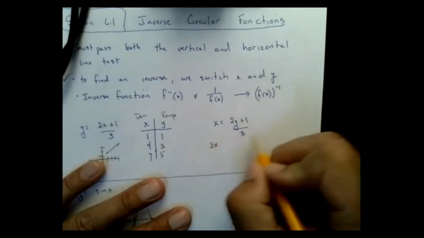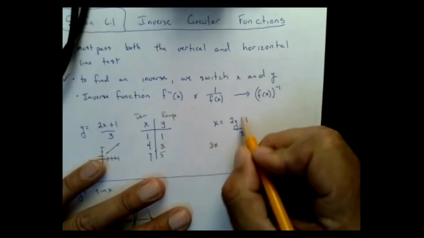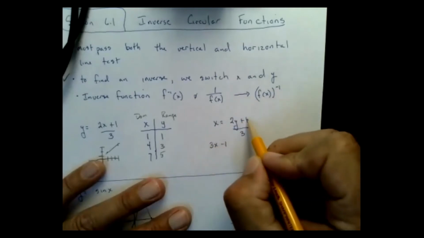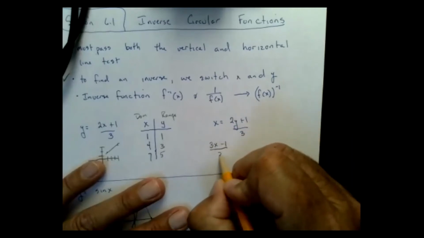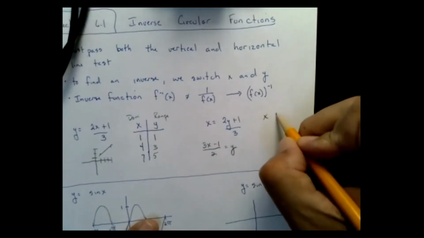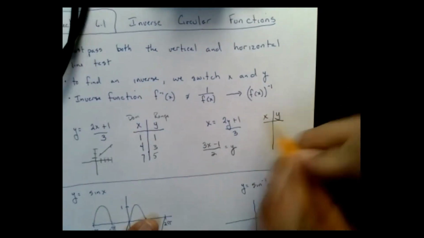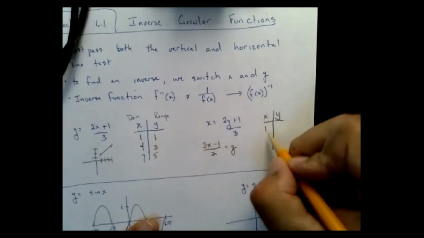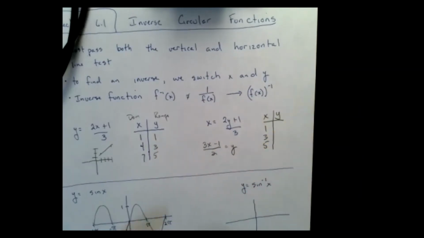3x, because I multiplied by 3. I'm going to subtract 1, and then I'm going to divide by 2. And I came up with the inverse. That means if I took a list of those y values, 1, 3, and 5, and plug those in, I'm going to do it real quick.